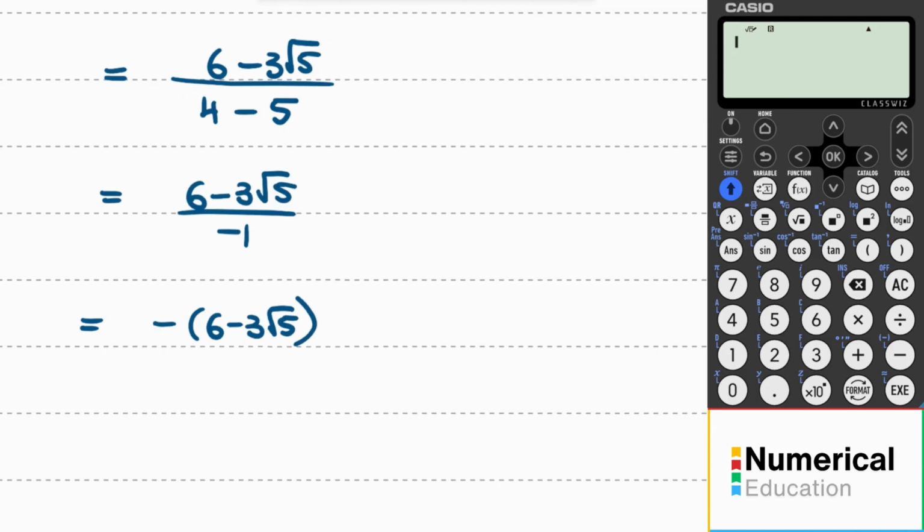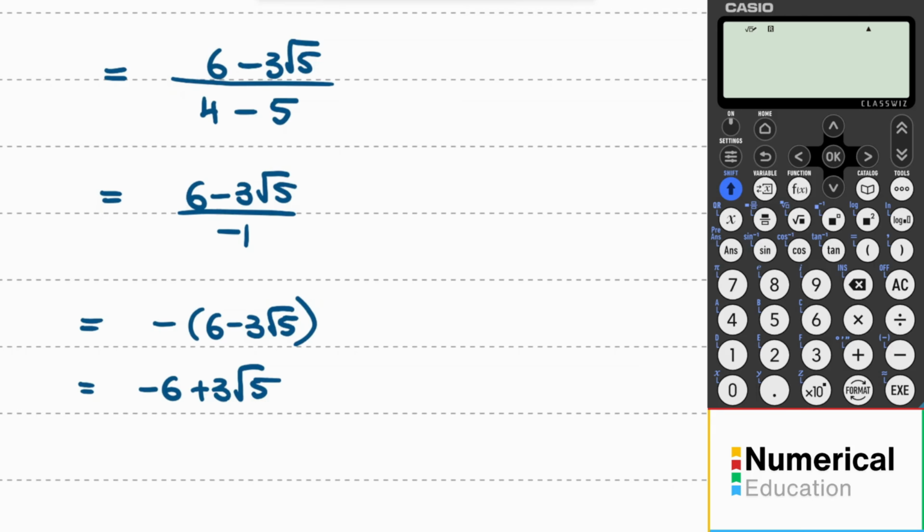We can push that negative back to the numerator, and it's advantageous to do that here. Then we expand, so it's going to be negative 6 plus 3 root 5. So not only have we gotten rid of the surd in the denominator, it actually turns out to be no longer a fraction, coincidentally.